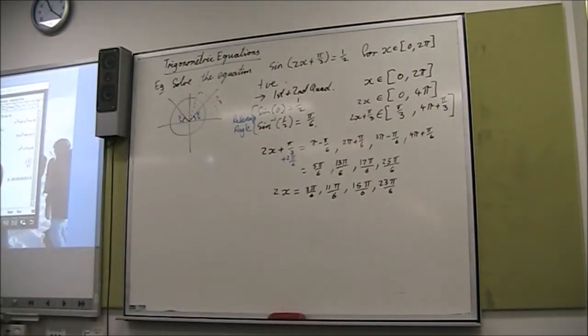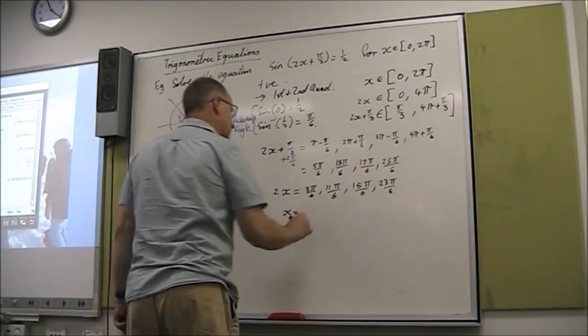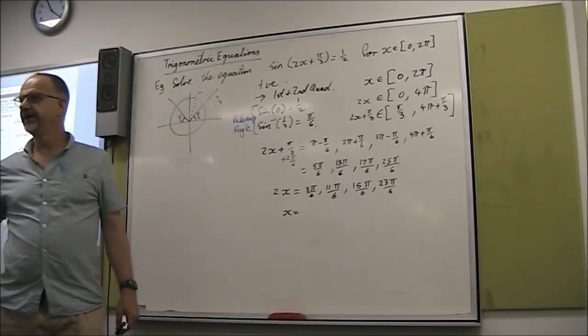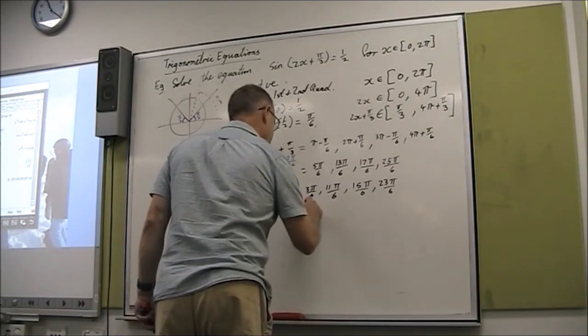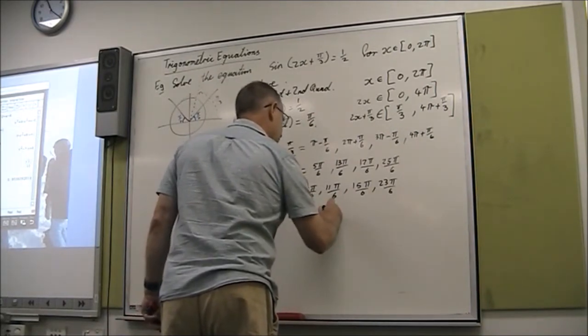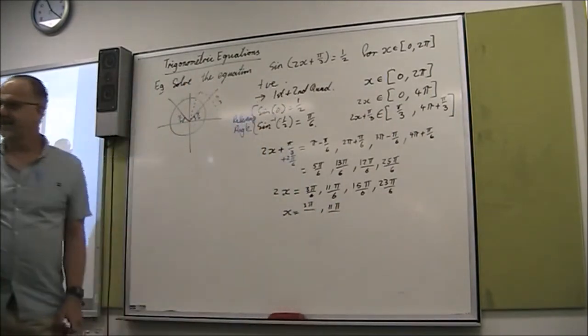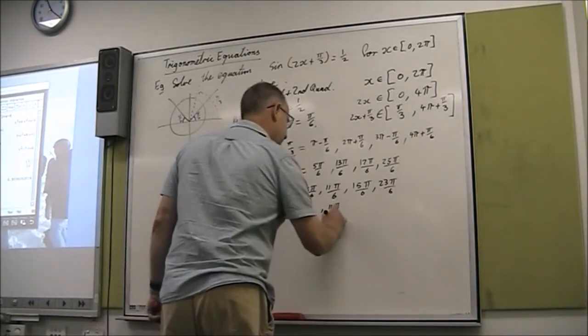Alright. Then you've got to move this 2. When I move the 2, I've got to divide by 2. So what happens to my denominators? Multiply the denominator by 2, so my denominators become 12ths.